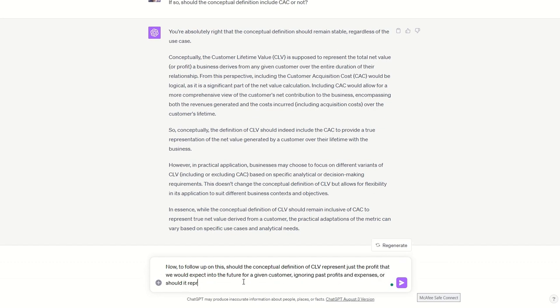Or should it represent the full totality of a customer's value relative to when that customer was born, even if that was in the past? Again, this is the key distinction between residual lifetime value and customer lifetime value.